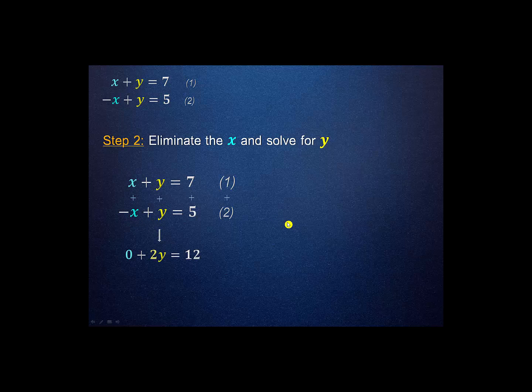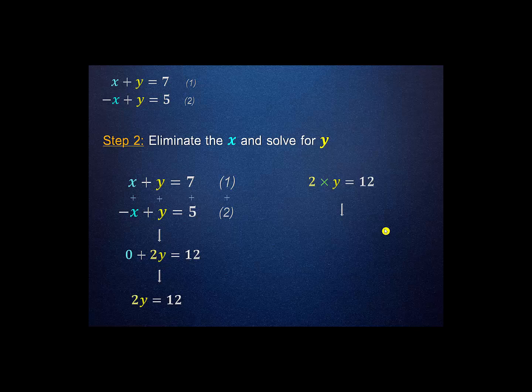So we've gotten rid of it. If we add the y's together, we get y plus y. And how many y's is that? It's 2y. And 7 plus 5 equals 12. So we only have one variable now, the y, which we can solve for. We are left with 2y equals 12.